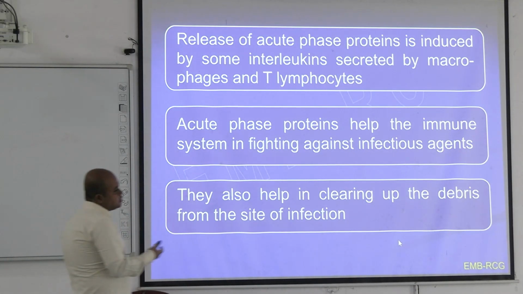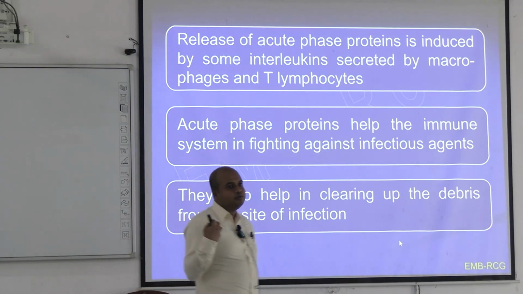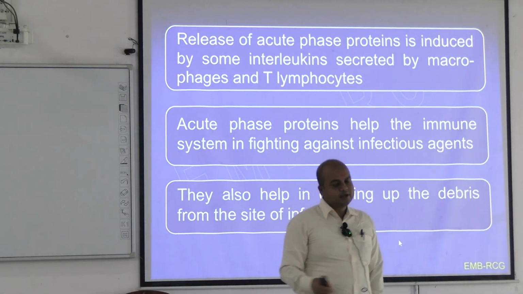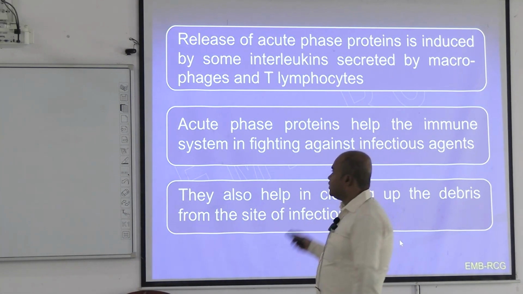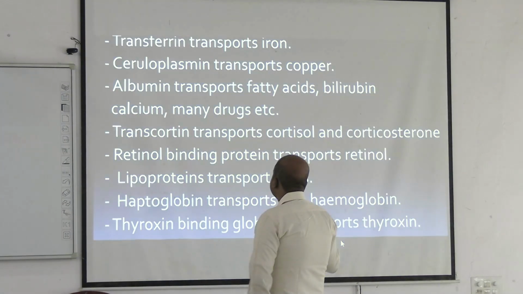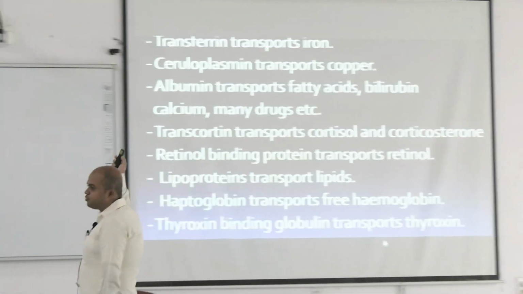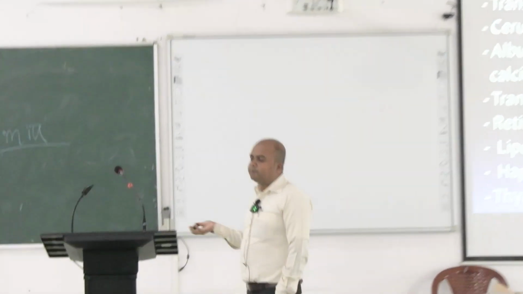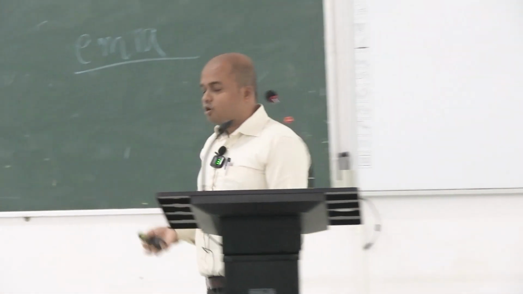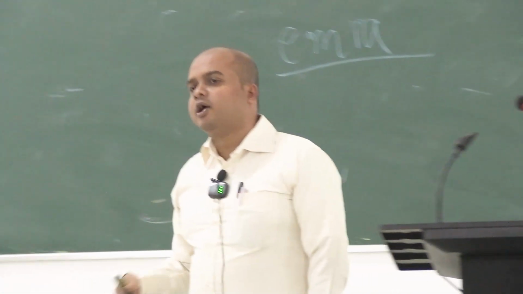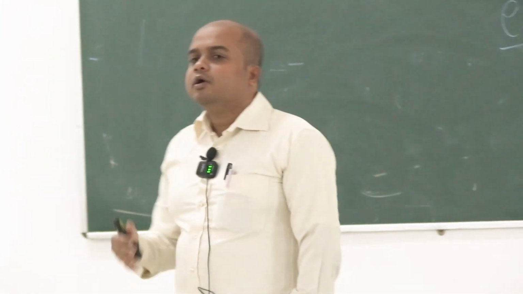Its release is induced by interleukins and cytokines, which we will discuss when we discuss immunity. Other plasma proteins include transferrin and ceruloplasmin, for transport of iron and copper.